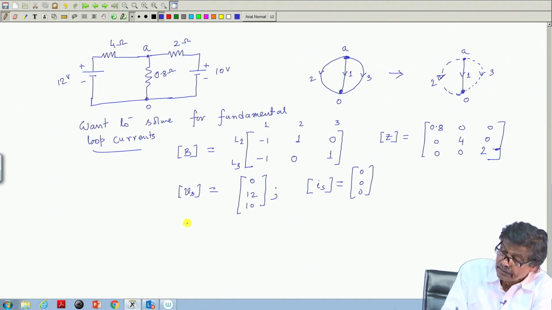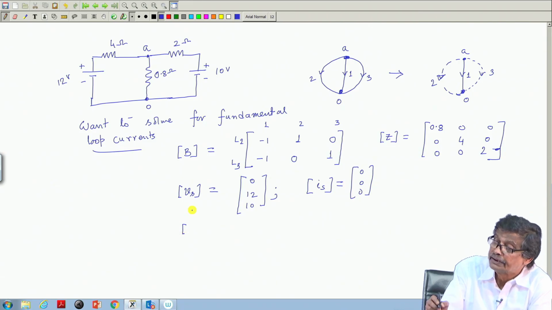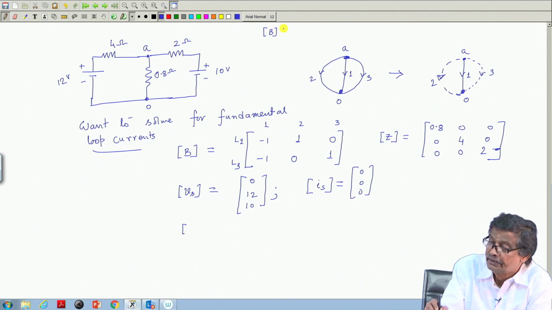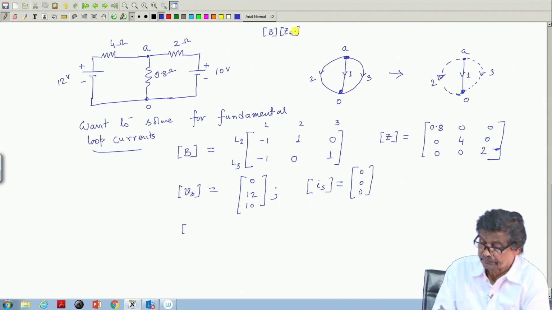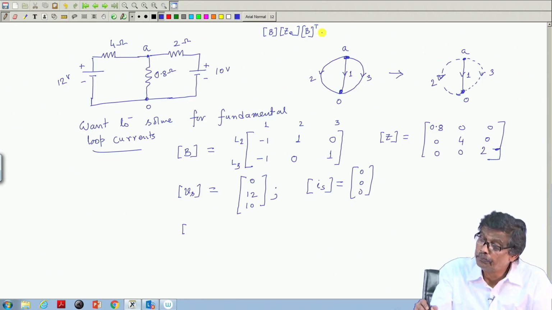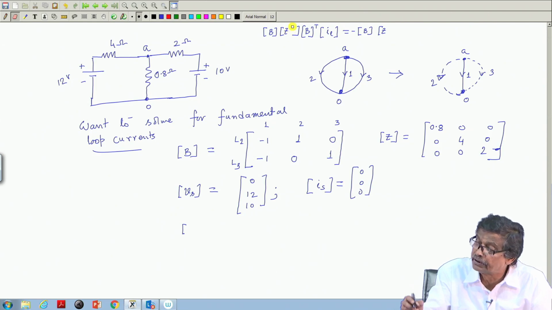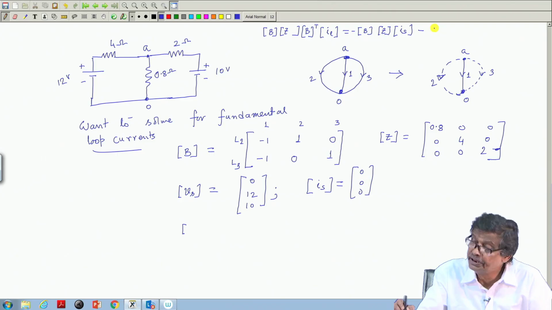So, this is the equation we will be adopting: B into Z into B transpose, into the fundamental loop currents I L, is equal to minus B Z, Z D or Z, whatever you write, but that is a diagonal matrix, Z into I S, the source current, minus B into V S.